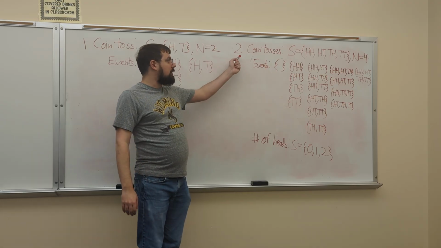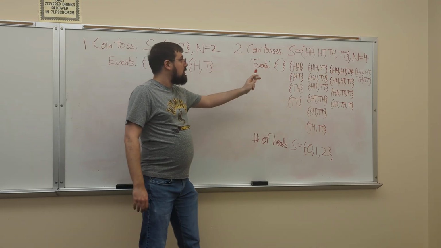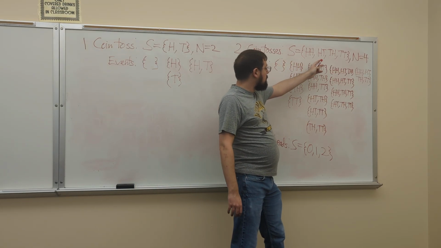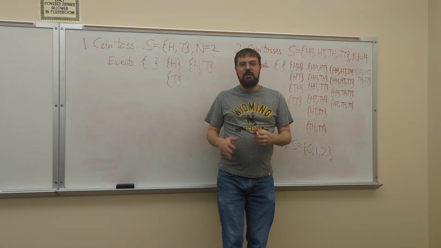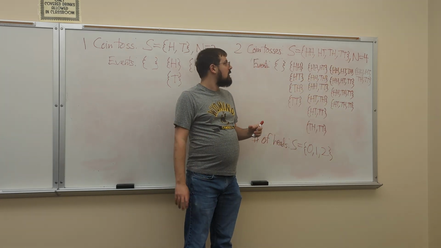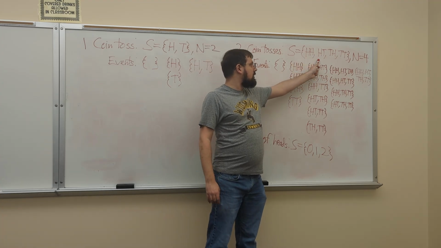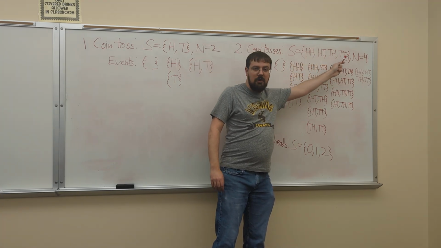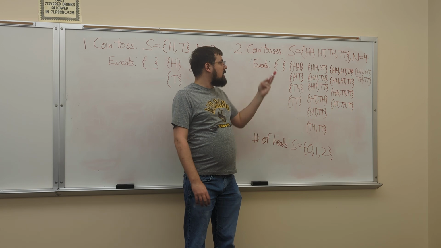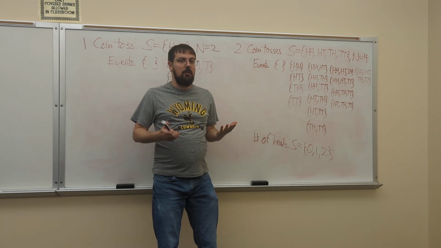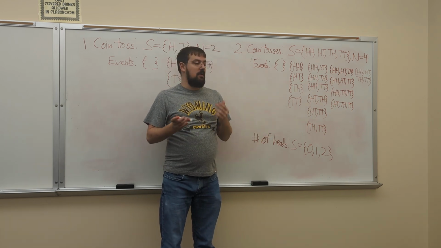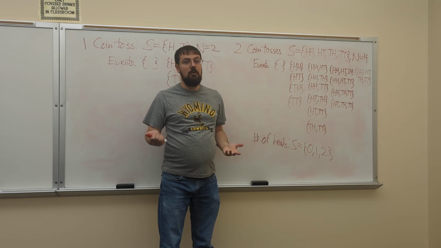If we look at the scenario of two coin tosses, now we have 4 possible options for different outcomes that we can get. So we can have 2 heads, heads then tails, tails then heads, or both tails. So we would say n equals 4 in this case because we have 4 possible outcomes that we can get from doing 2 coin tosses.